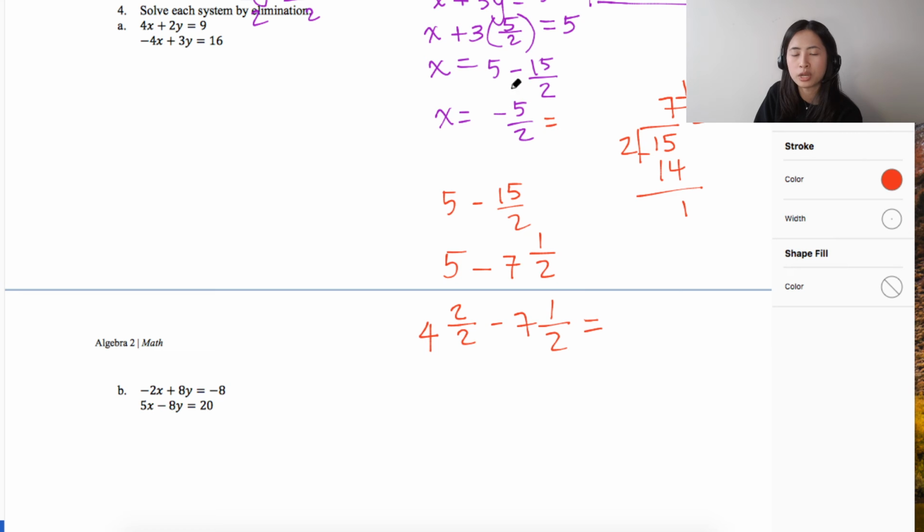And just so you're wondering what negative 5 over 2 is, long division again. So 2 times 2, that's 4, and this is going to be 1 over 2. So this is actually 2 and 1/2, with a negative sign over there. Okay, so you have 4 and negative 7.